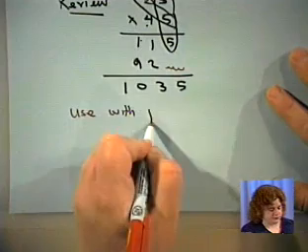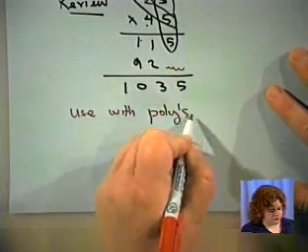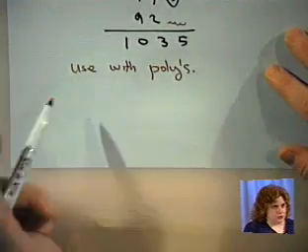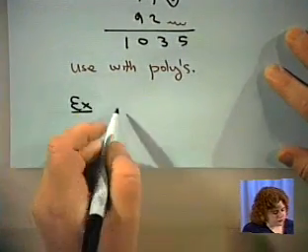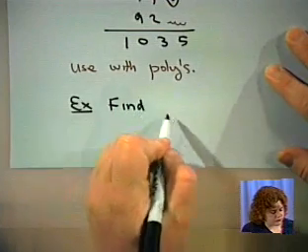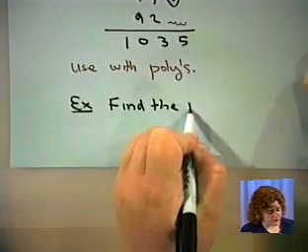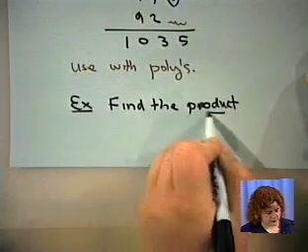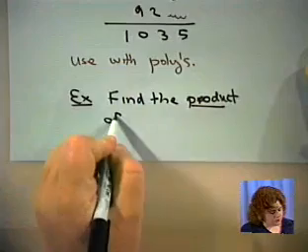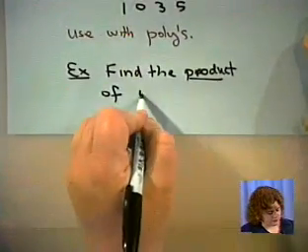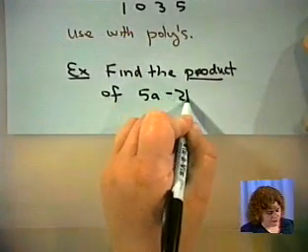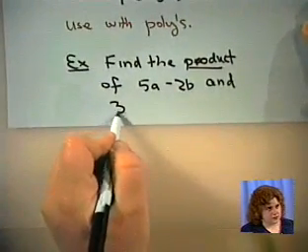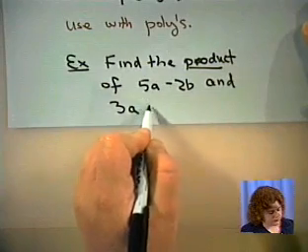The same structure. For example, we will find the product, which of course is the typical instruction to multiply, of 5a minus 2b and 3a plus b.